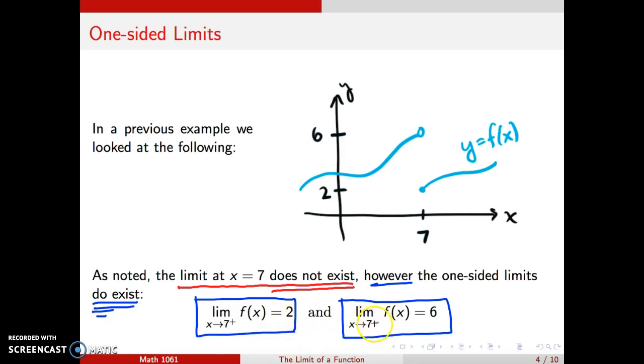The limit of f of x as x approaches 7 from the left, from this side, is 6. We just try to make it a little bit clearer.